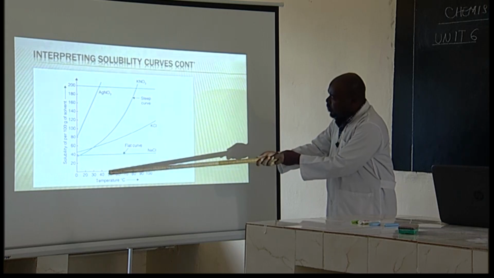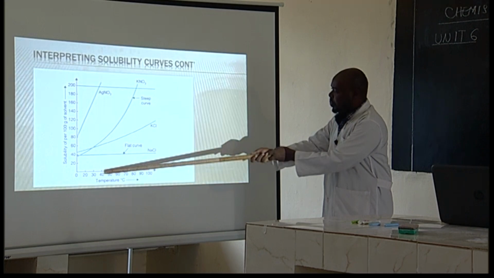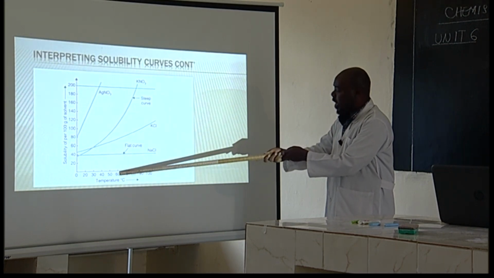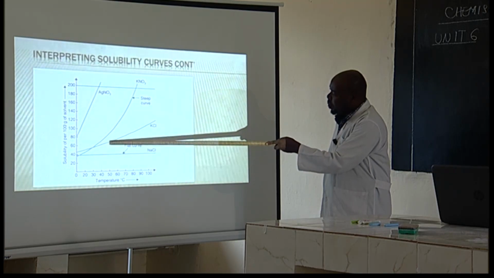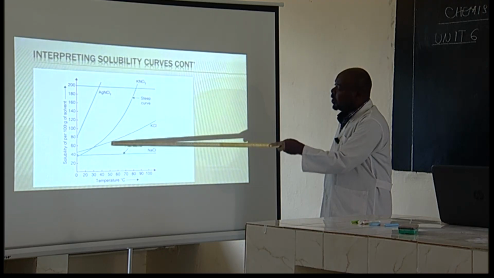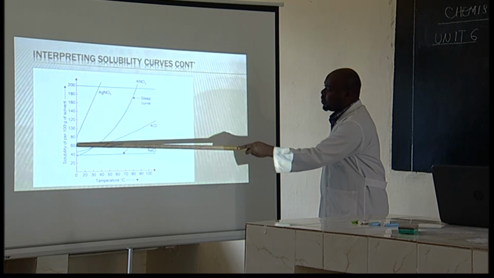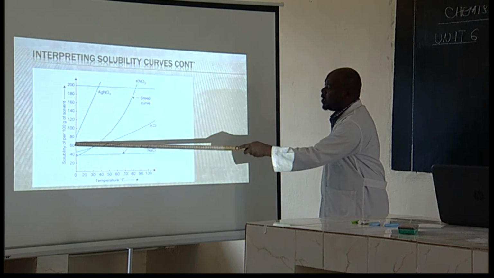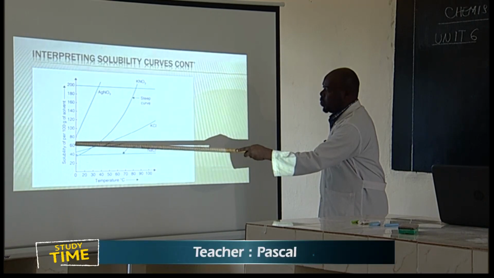At this temperature of 50, if we draw a vertical line, which is perpendicular to the x-axis, what do we get? We will find a point somewhere here. But if we go up, we find another point. And from this point, if we find the corresponding value of y, we can determine the solubility of potassium chloride at 50 degrees. You can see that it will be somewhere here, below 80.